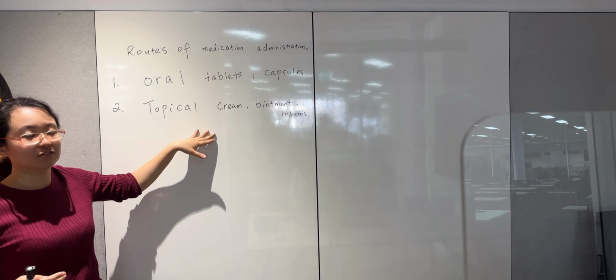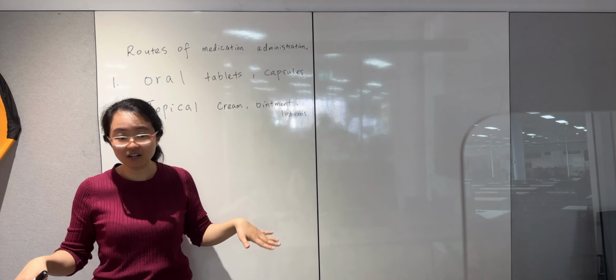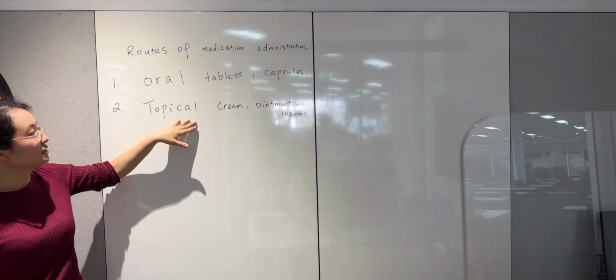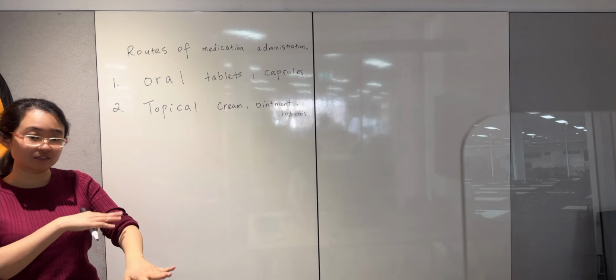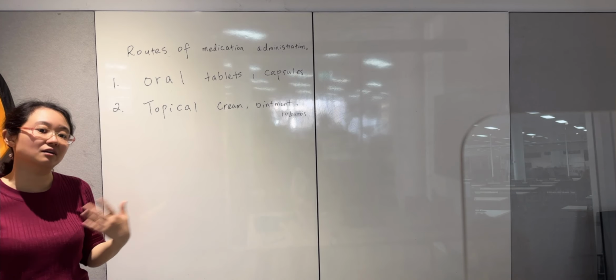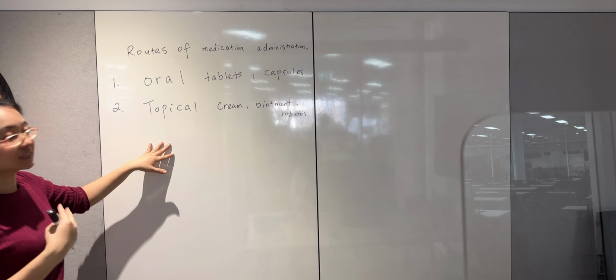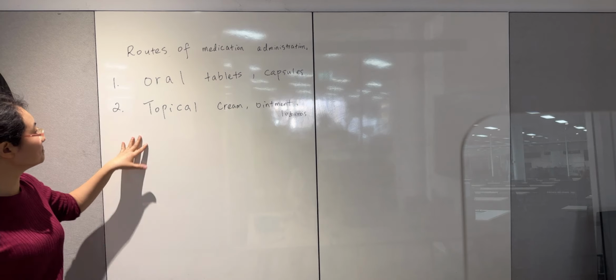When the doctor writes the medication order on the medication chart and the route is topical, you understand the medication should be absorbed by the skin or the mucous membrane, like in the eyes. Our skin has the ability to absorb the medication.